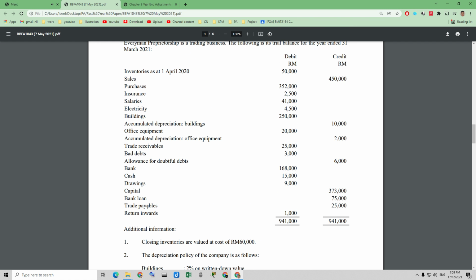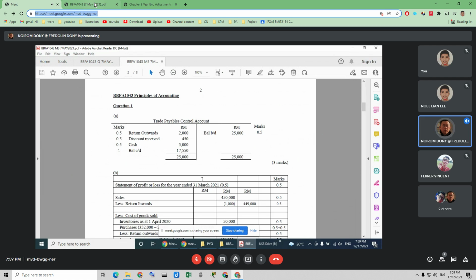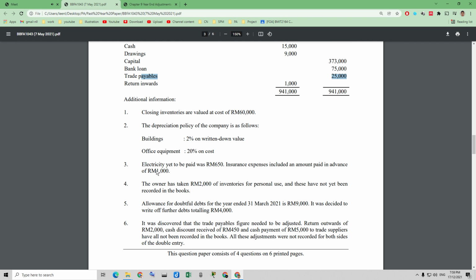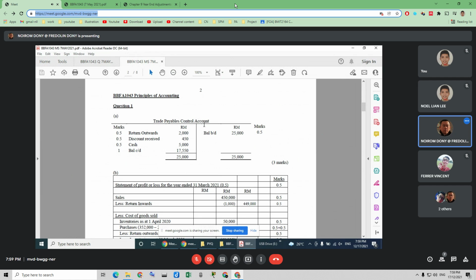Remember, it is in a credit column, so this is indicating liability. So if it's liability, when you prepare the trade payable control account, the opening balance, which is balance brought down from the trial balance, will be on the credit side. So balance brought down, we have 25,000.